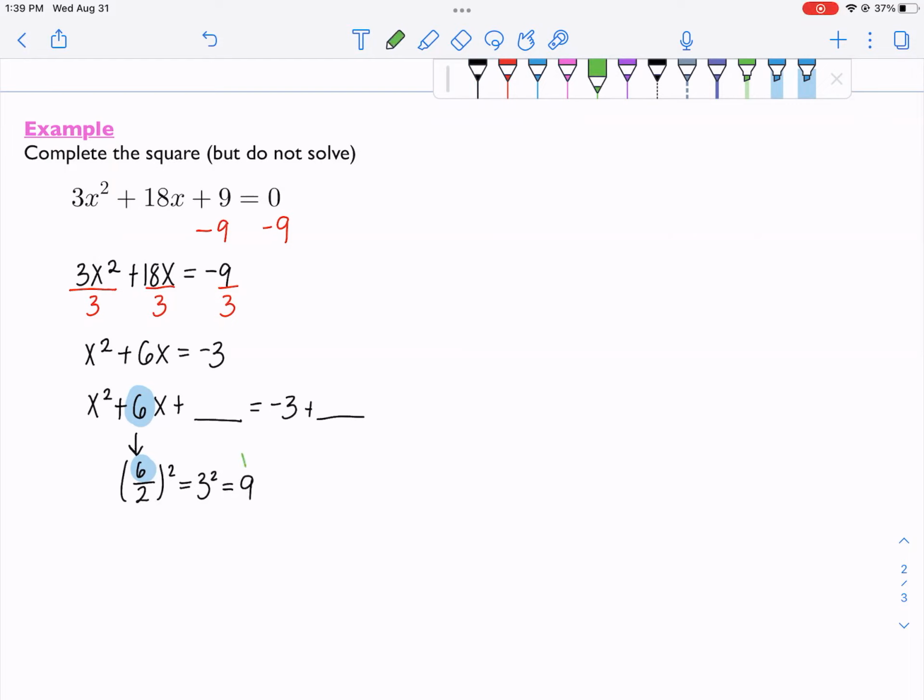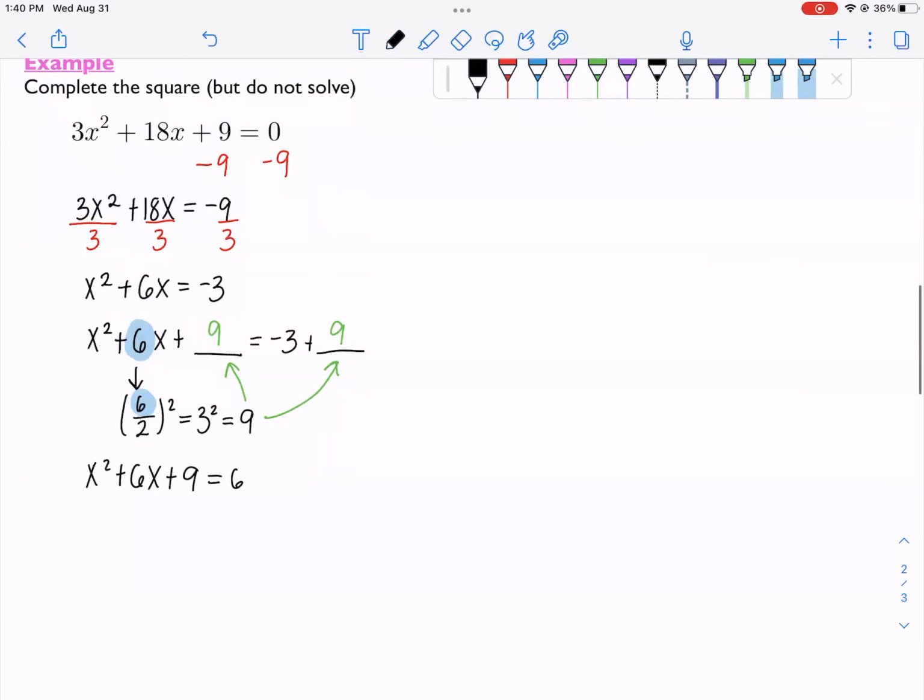That 9 is going to be added to both sides. So we now have x squared plus 6x plus 9 equal to negative 3 plus 9, which is 6. This left-hand side now factors. So we have x plus 3 quantity squared equals 6.